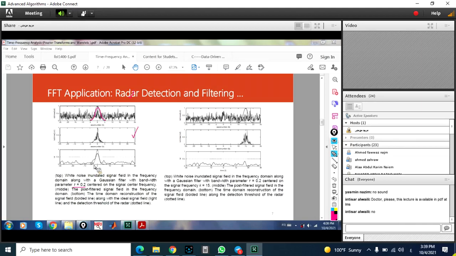If this pink signal is compared with our original signal, they are near to each other. It is not perfect but it is acceptable for us. On the other hand, on the right figure it is wrong.